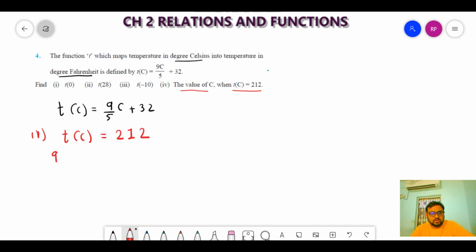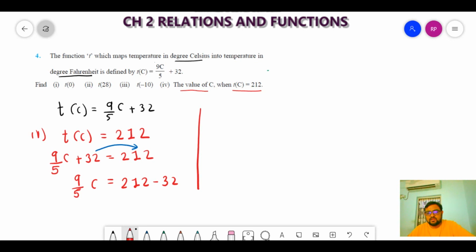Let me use the formula: 9/5 into C plus 32 is equal to 212. When I take 32 to this side, it will be subtracted. So 9/5 C will be equal to 212 minus 32, that will be equal to 180.